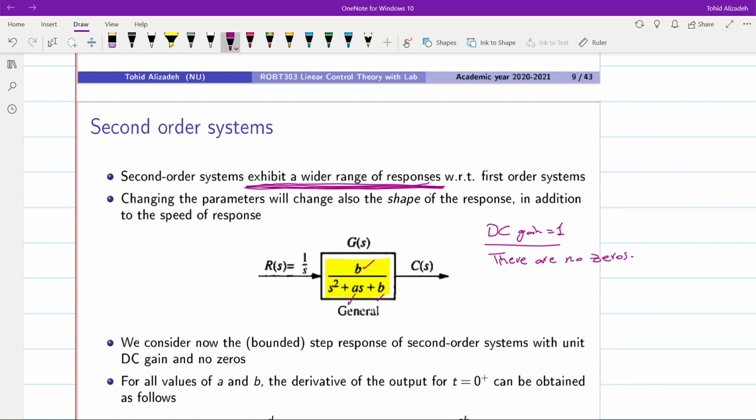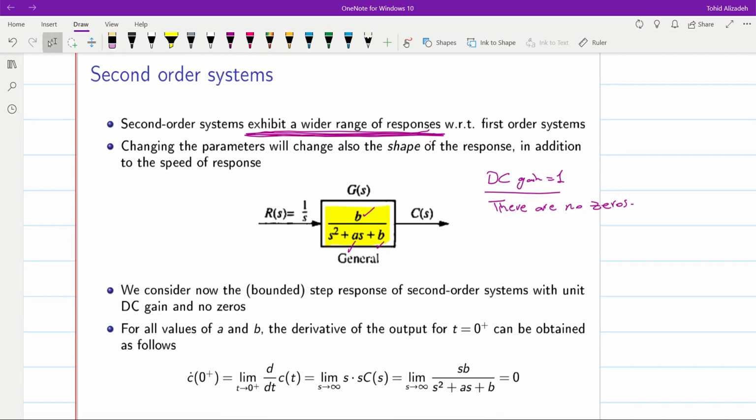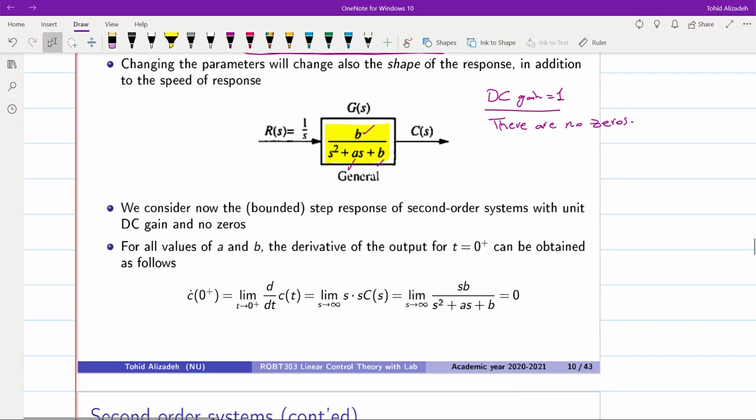We know that in the case of first order systems, as you change the location of the pole, the response will keep its general shape, but it might become faster or slower. But in the case of second order systems, depending on the location of the poles, the overall shape of the response might be changed as well. And of course, the speed of the response might also change.